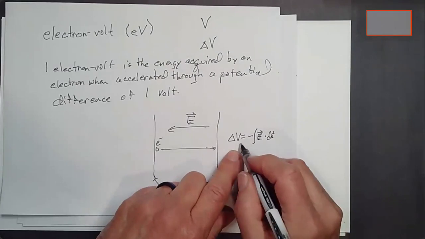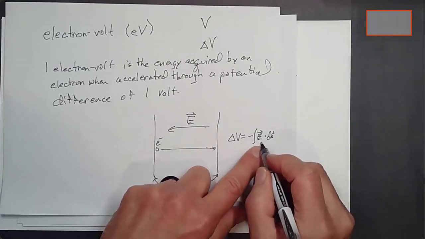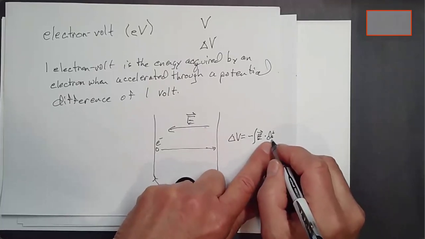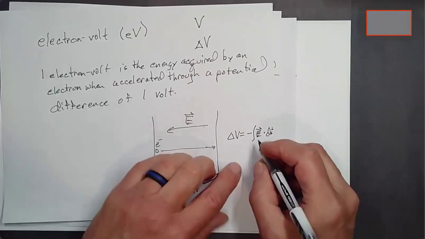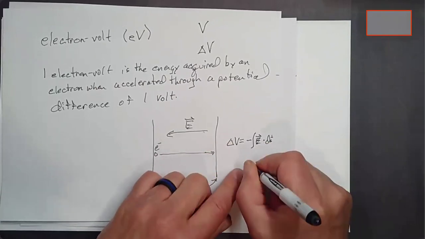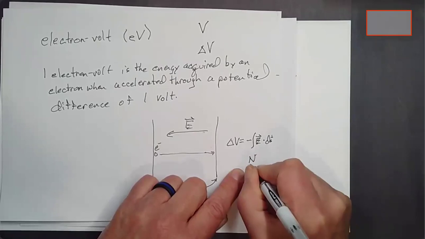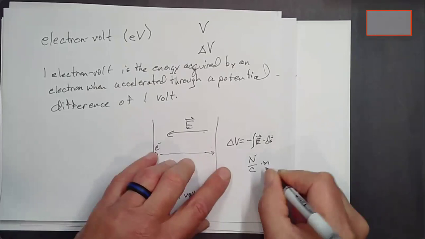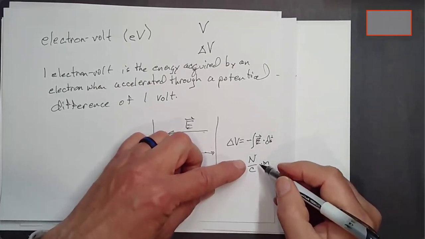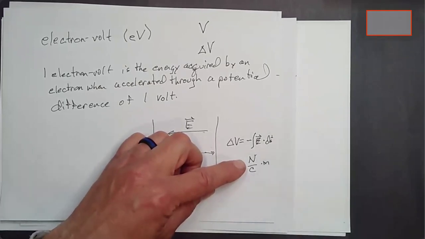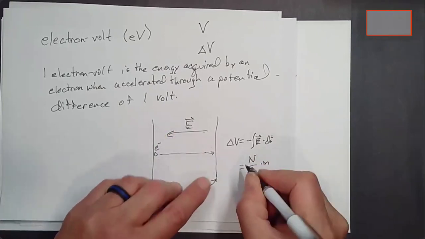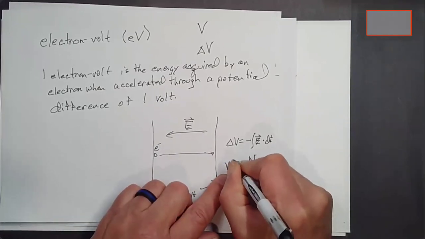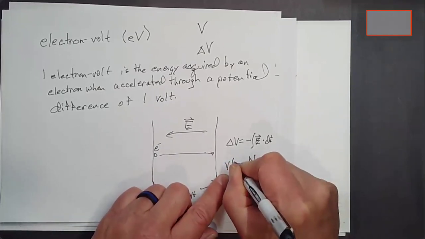The electric field definition we've been using is a Newton per Coulomb, and our ds would be in meters. So the units on this side of the equation are going to be newtons per Coulomb times meters. Well, over on this side, we've got volts, and that capital V is the symbol for a volt.